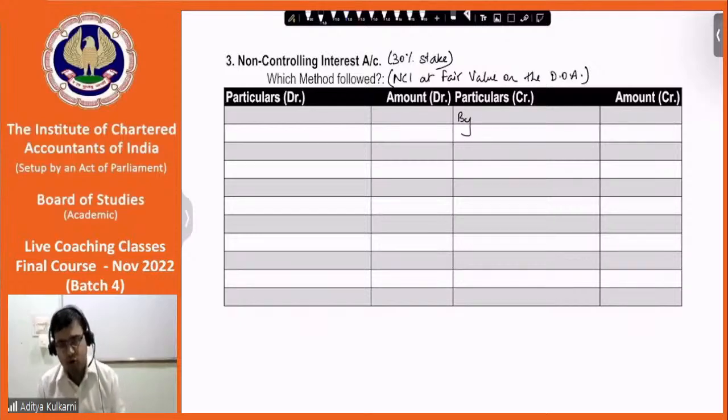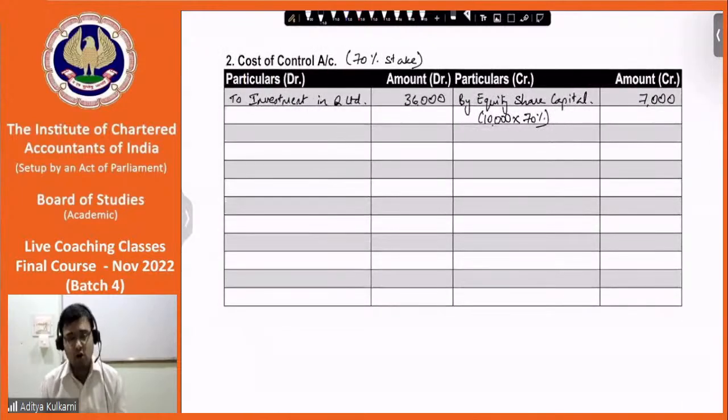In whose books am I preparing this non-controlling interest account? In whose books am I preparing cost of control account? Sir, we are preparing it in the subsidiary. No, I'm not preparing it in Q Limited's books. Sir, we are preparing it in P Limited's books. Definitely not. I am preparing it in a third set of books, which we call consolidated books.